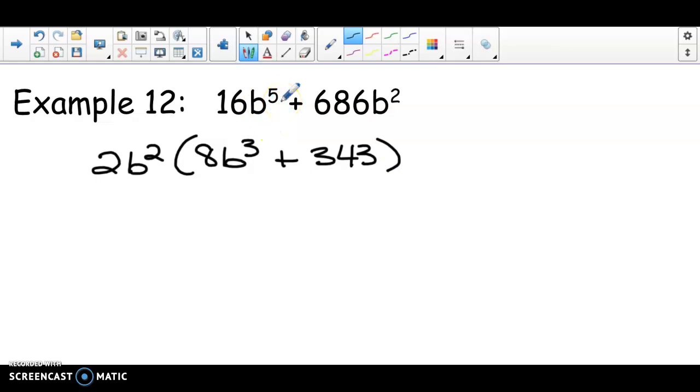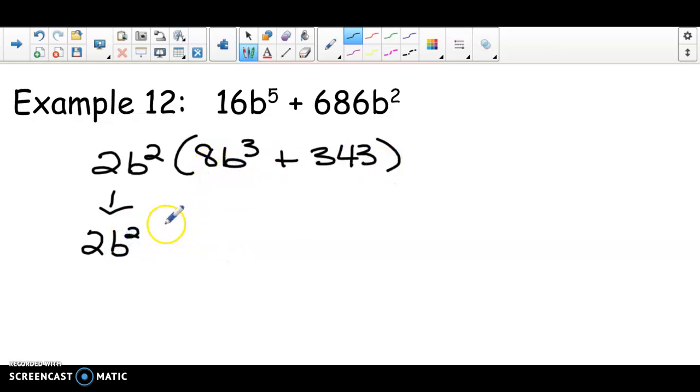And the reason I remembered to do my GCF is because neither one of these exponents was a perfect cube. So I knew I couldn't do anything with that, so I fell back to my GCF. So I keep my GCF, 2b squared, on the outside.